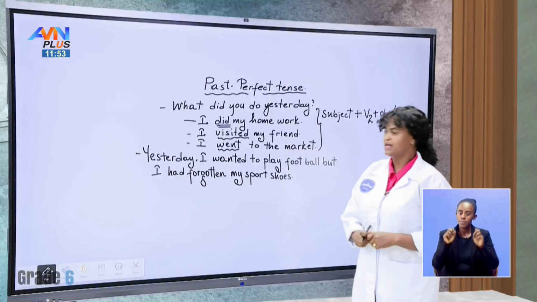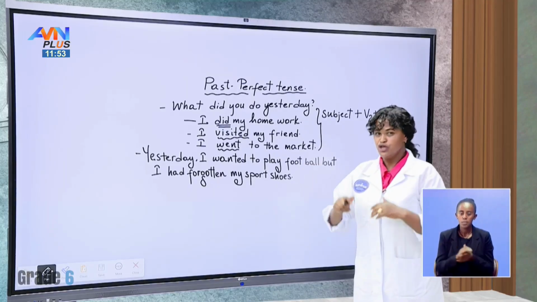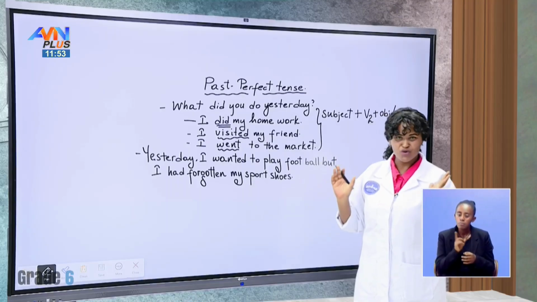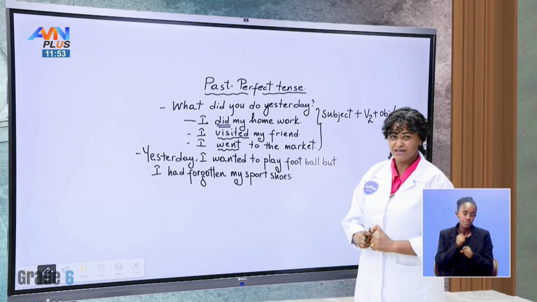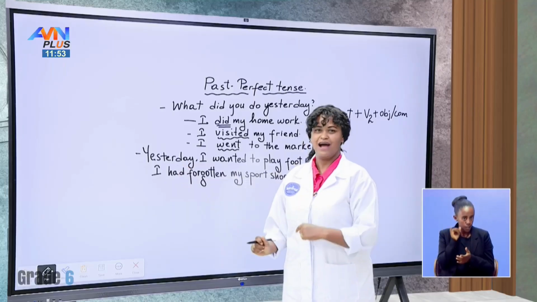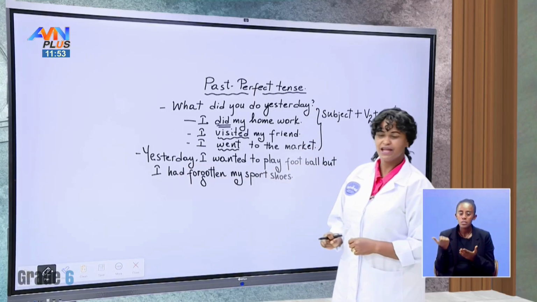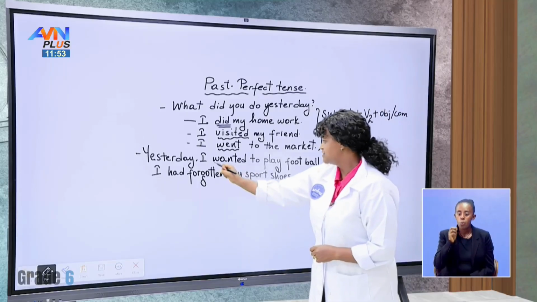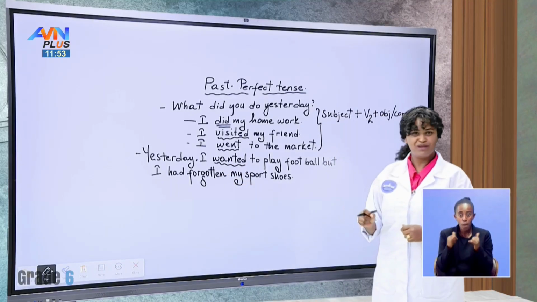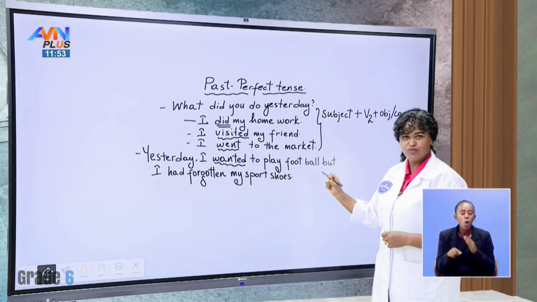Okay, let's come to my sentence, all right? You and I, both of us, were talking about what? Our past or yesterday's activities, yes? Okay, let's see. Yesterday, I said, I wanted, what do you see? I wanted to play football. I wanted what? To play football.